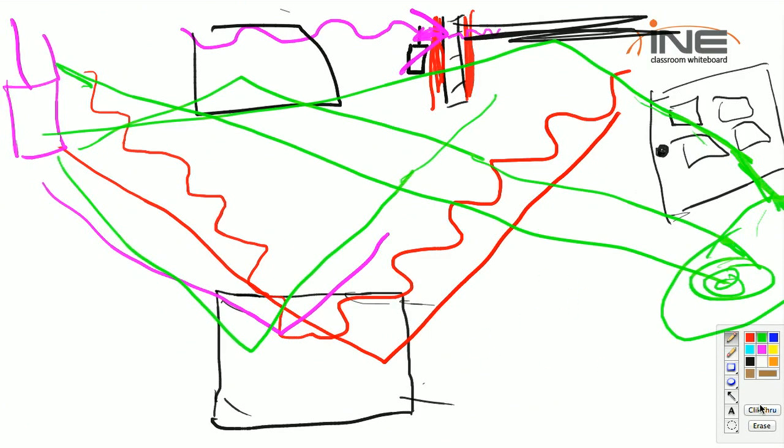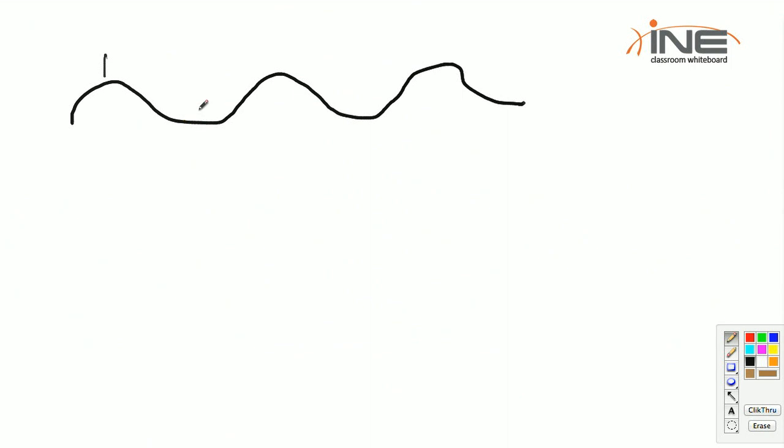We also want to talk about something called phase. Let's say I've got a wave here. I've got a 3 hertz wave, and I can see that my peak is here, my trough is here. Peak, trough, peak, trough, right?